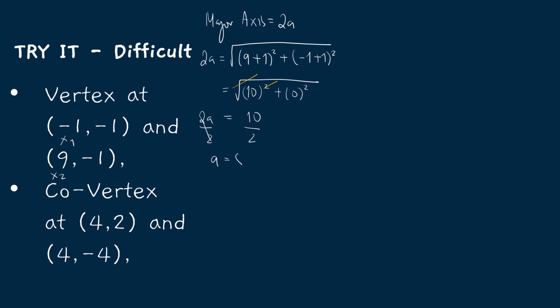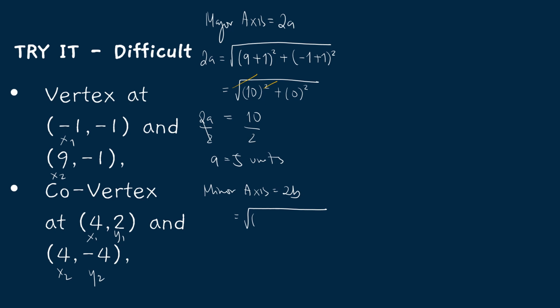If it is 5 units, we can now again solve for the length of our minor axis. The minor axis is equal to 2b, and it is equal to the square root of, this time with my x sub 1 and x sub 2, so that we have a positive answer already, we have to use x sub 2 first.